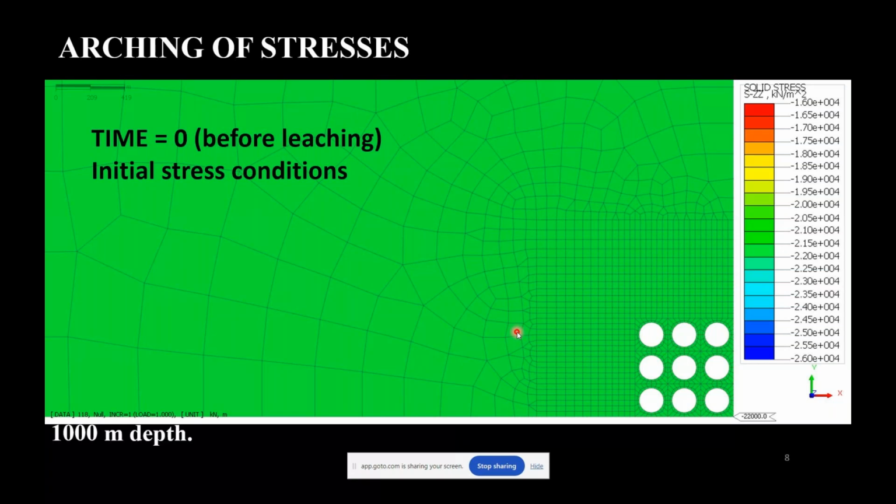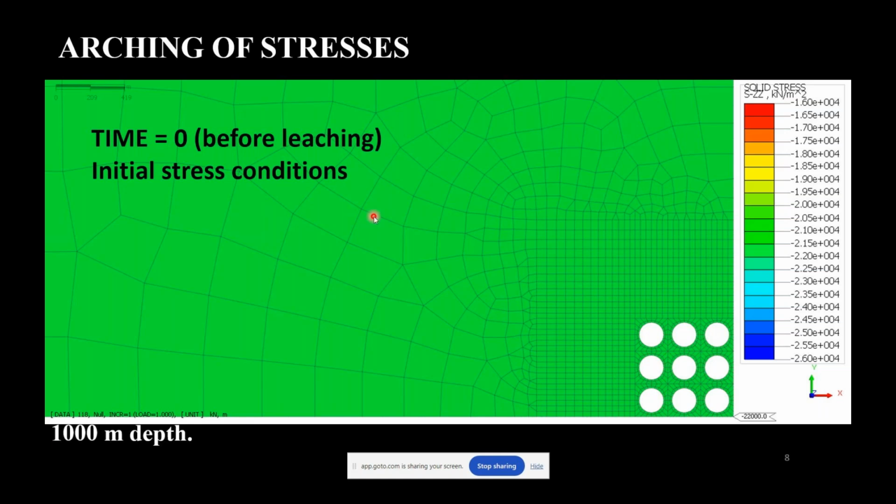This is a horizontal cross section, crossing the model at 1,000 meters depth, inside the rock salt. And this is the initial stress conditions, before any excavation, any dissolution, sorry, any creep deformation. This is the stress state in nature.